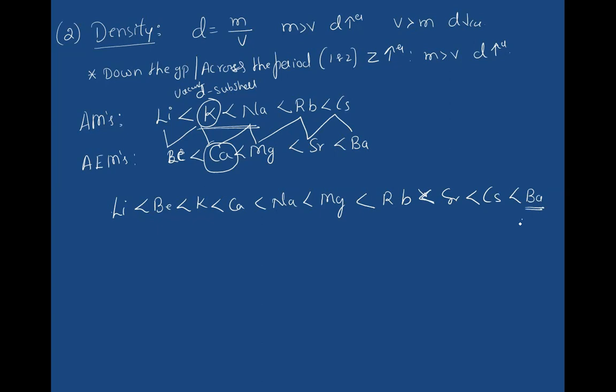So barium possesses maximum density, lithium possesses minimum density, and here will be the variation. Based on this, there will definitely be one question in your objective level exam.